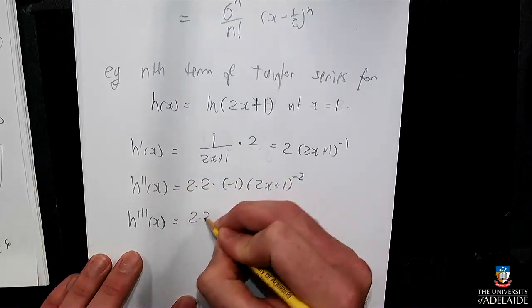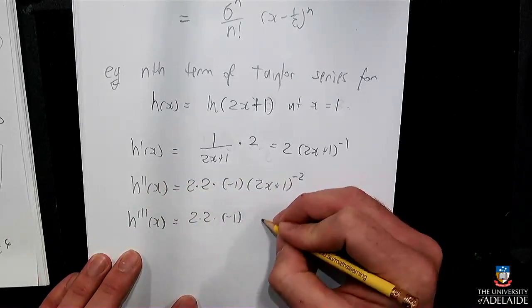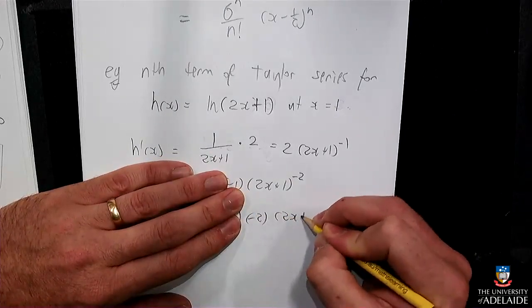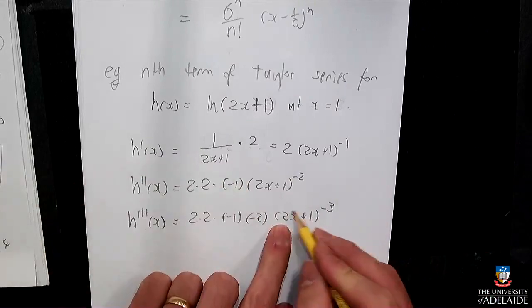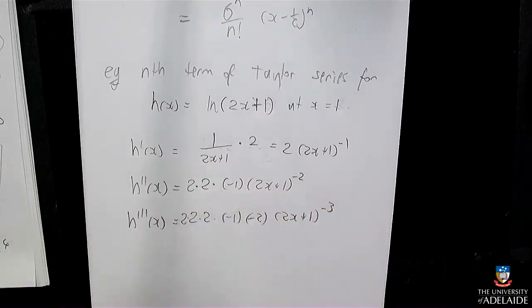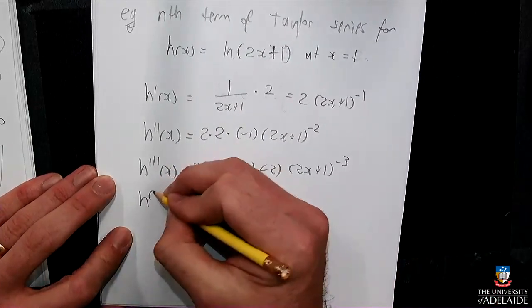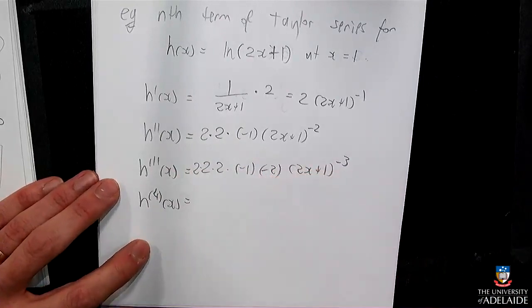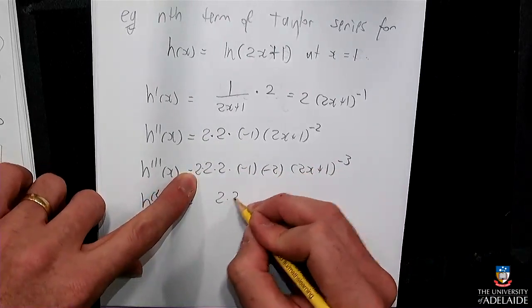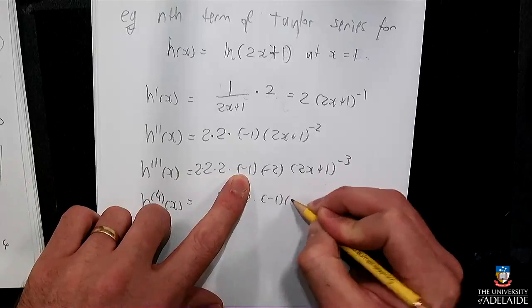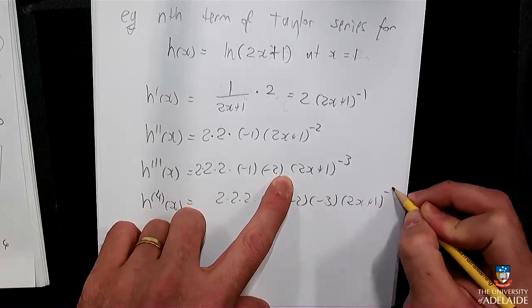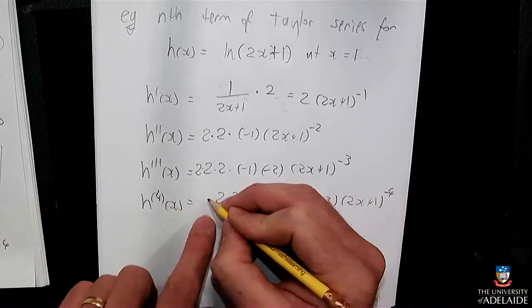So the 2 and the minus 1 will still be there, and then this will become a minus 2, 2x plus 1 to the minus 3, and I'll have to multiply by the derivative of that, which is 2, and we'll get another one. Okay. I think I can see what's going on now, but I'm just going to need one more to be sure. So we've still got the 2 times 2 times 2, we've got a minus 1, a minus 2, a minus 3, 2x plus 1 to the minus 4, and the derivative of this is 2, which will end up there.